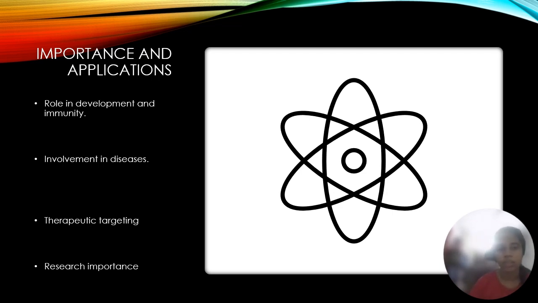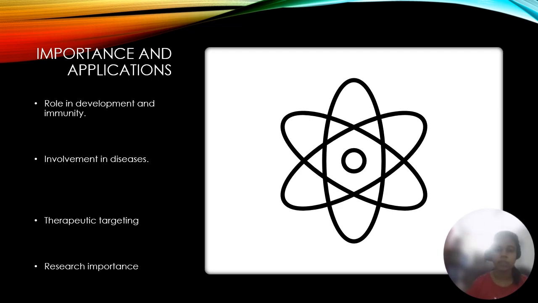Immune cells should not attack your own self cells, so any cells that attack your own cells are removed through apoptosis. That's why it's important in development and in autoimmunity.